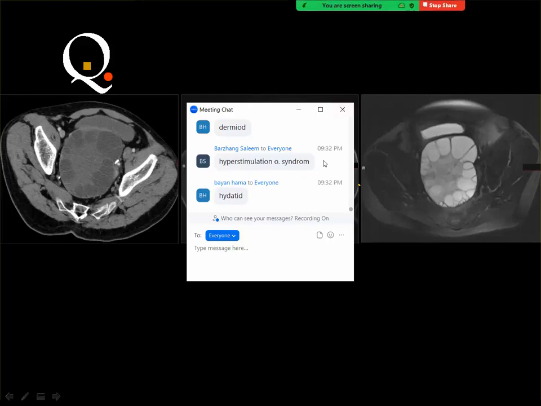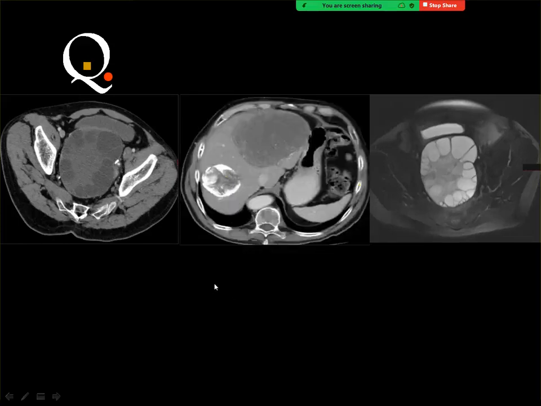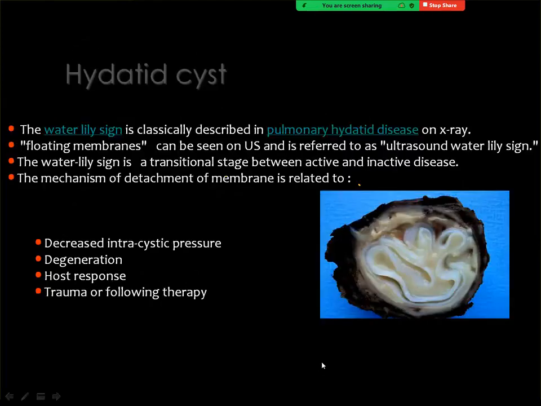Of course, it's not hyperstimulation ovarian syndrome because you do not see the other ovary, but this is hydatid cyst because if you look at the rest of the CT images you see two other cysts in the liver. One of them is almost totally calcified, and the second one shows some marginal calcification, while that in the pelvis shows the classic appearance of hydatid cyst with a big lesion, and the daughter cysts are arranged on the periphery of the lesion. This is an echinococcal or hydatid cyst.